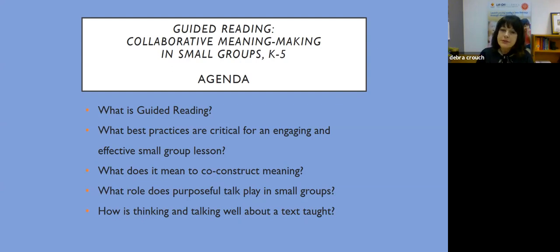We'll think about what it means to co-construct meaning and look at the way that talk, purposeful talk, plays a part in small group work and helping us to think and talk well about a text, and some really specific ways that we would be thinking about guided reading.